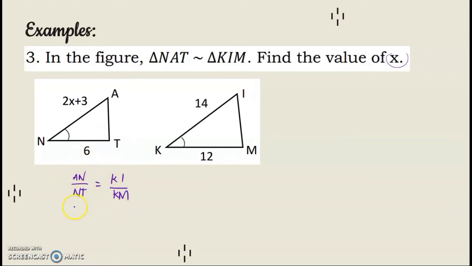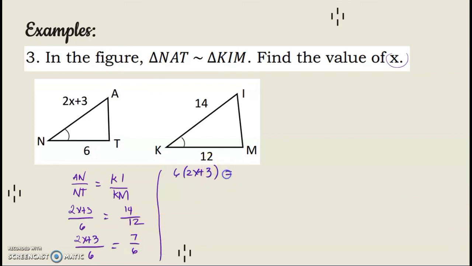Then we substitute. So 2x plus 3 over 6 is equal to 14 over 12. So we have 2x plus 3 over 6 is equal to, lowest term na to, 7 over 6. So this will become 6 times 2x plus 3 is equal to 7 times 6. What is 7 times 6? 42.